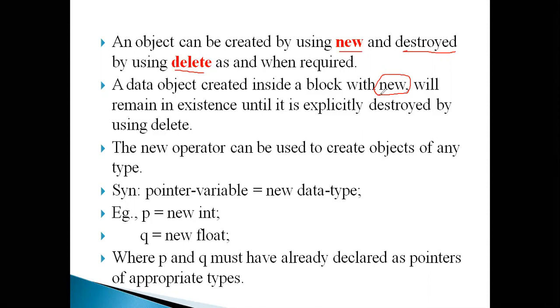So in order to delete, release or free the memory, explicitly we have to use the delete operator, unless the memory will remain in existence, which is unnecessarily wasting the memory.